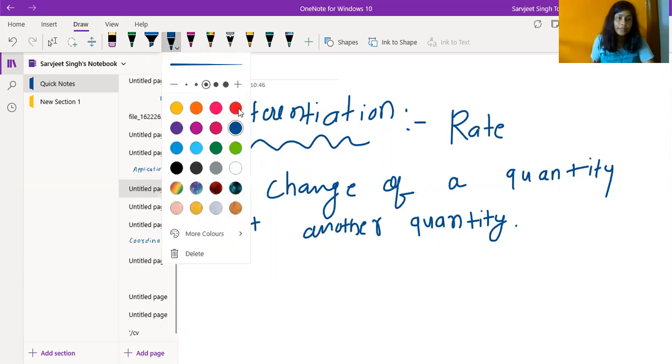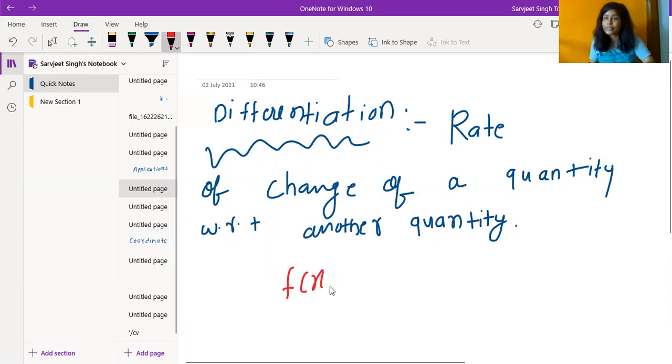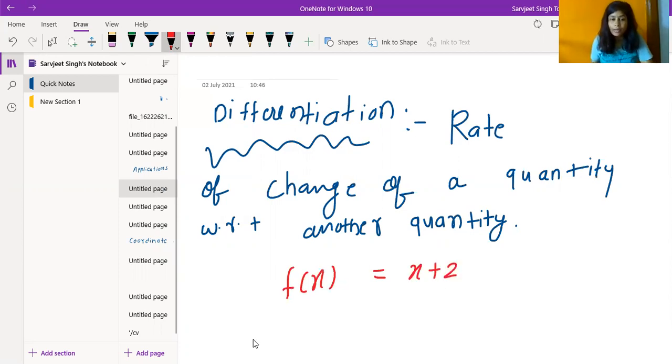Suppose I have f of x equals x plus 2. Let us take x equals 1 and calculate the value. You will get 1 plus 2, which equals 3.